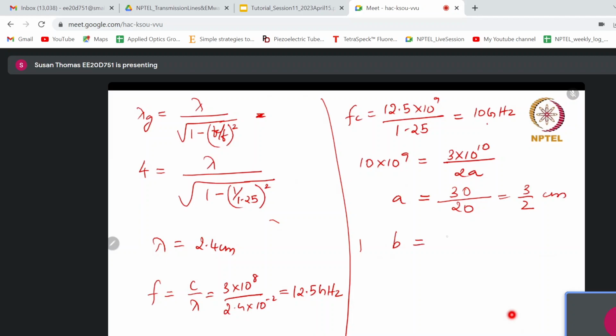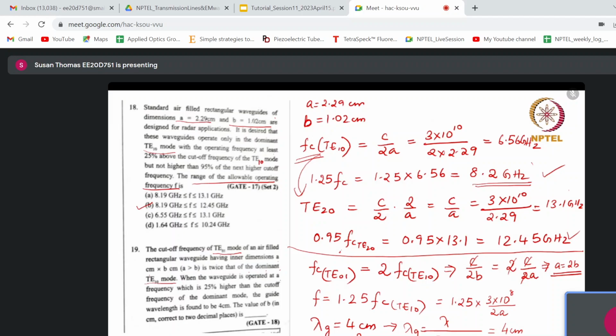Similarly, b is a by 2, so 0.75 centimeters. So basically what is asked is the value of b, so the value of b is 0.75 centimeters.